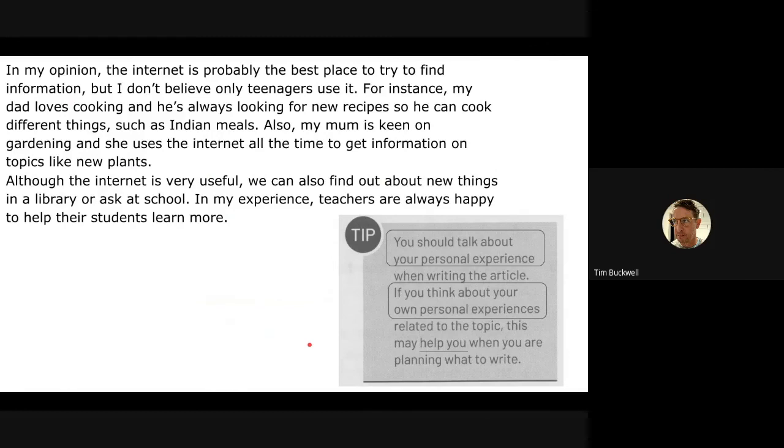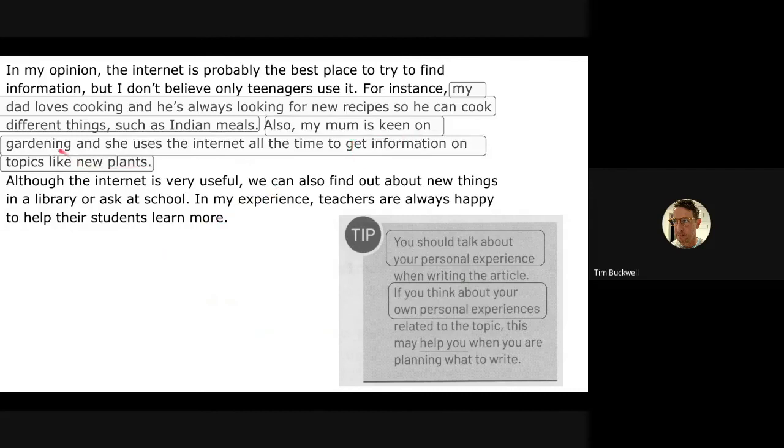It's a very good idea when you're giving your examples to use personal experience. If you think about your own personal experiences, this will help you when you're planning, when you're thinking what to write. So this writer's personal experiences were his dad. His dad loves cooking. Another personal experience was his mum. His mum is keen on gardening.